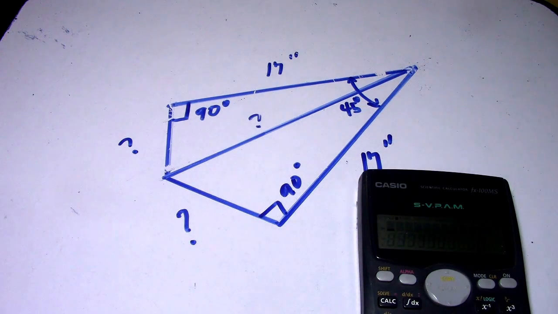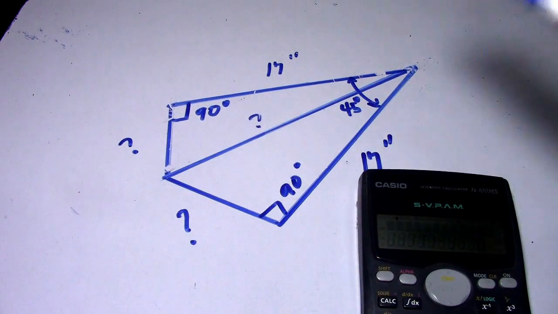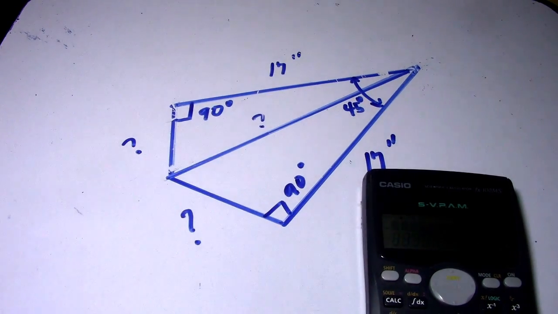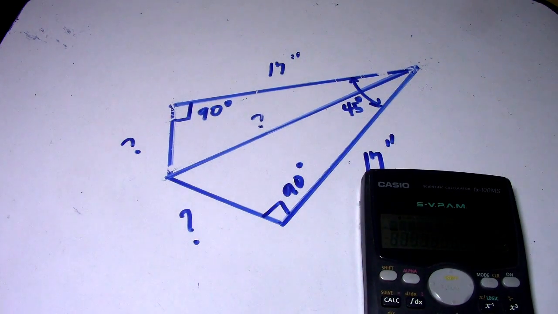So my friend, this is for you. I will solve it and give you the formula for how to compute this triangle. We have three questions here: 1, 2, 3.